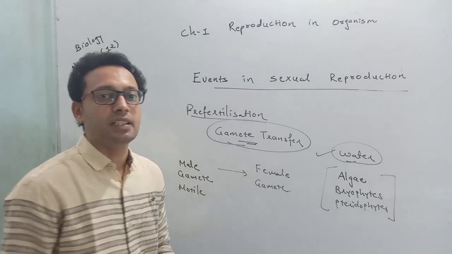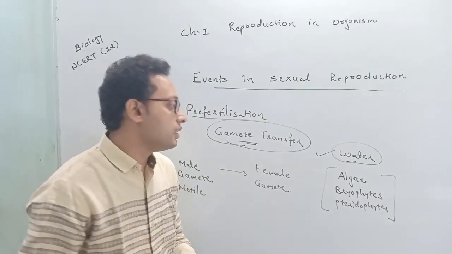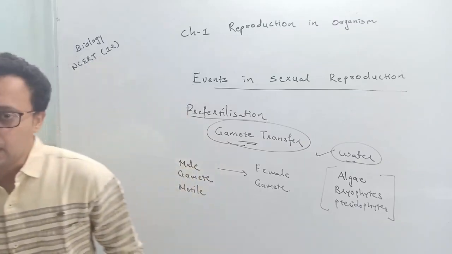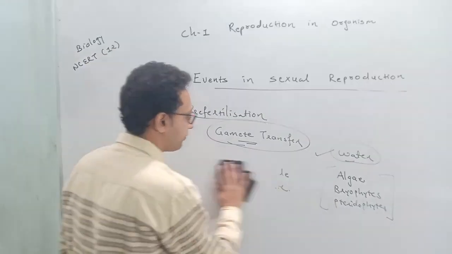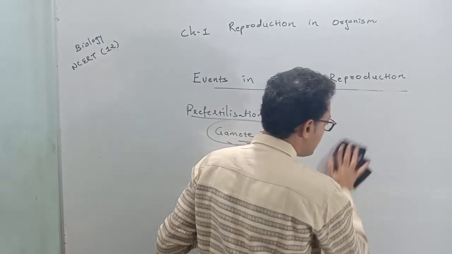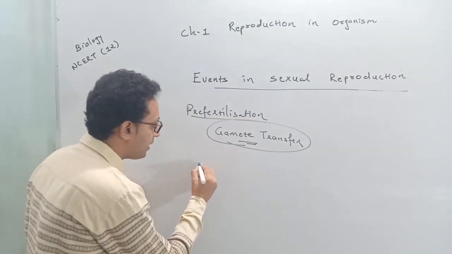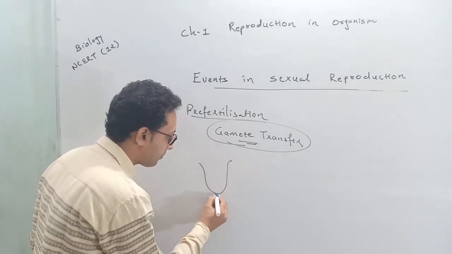Water acts as a medium for transfer of the gamete. Okay, clear? Now take another example. Take an example of a plant, specifically a higher plant, or the flower-bearing plant in which the flower is a sexual organ.